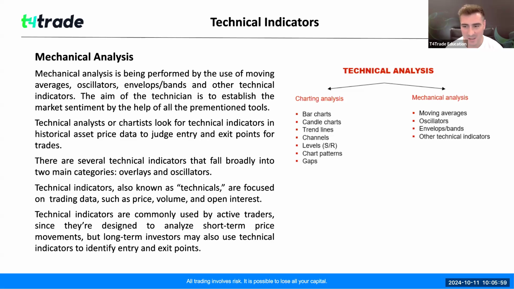But besides these mechanical, computerized indications you also have freely available and easy to use tools that fall under the charting analysis category. They are simple support and resistance levels, so lines that you draw onto your chart in order to keep an eye on where the price action has gyrated in the past, with the expectation that at some point in time you're going to see those levels that have been significant in the past.